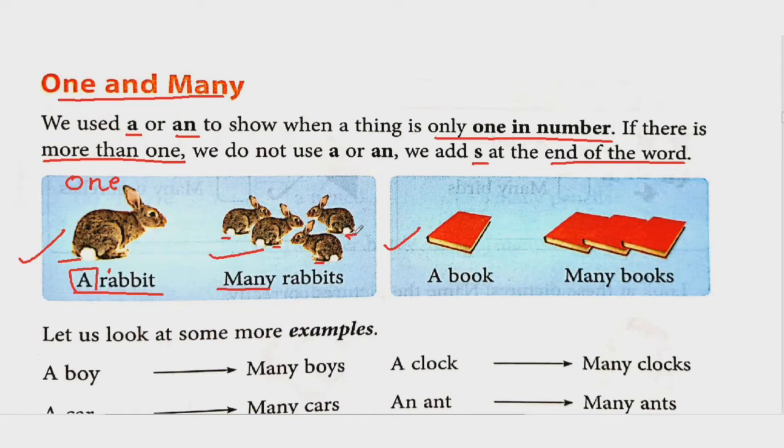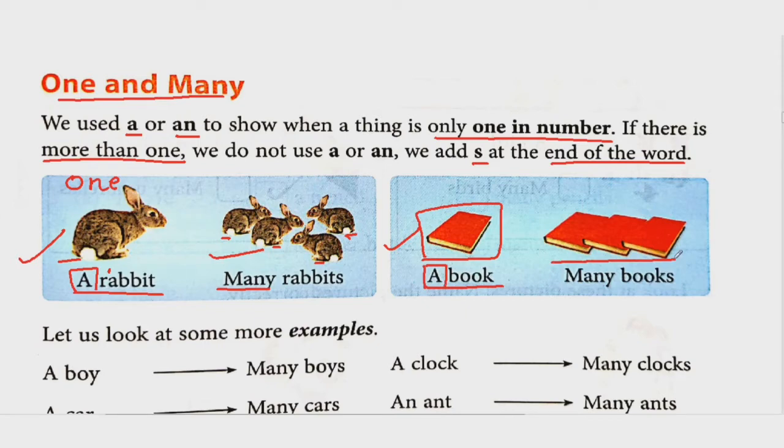Now next picture. Look at this. This is a book. Why have we used a book? Because the number of books is only 1. So we will use a before book. Now look at this. 1, 2 and 3. How many books are there?